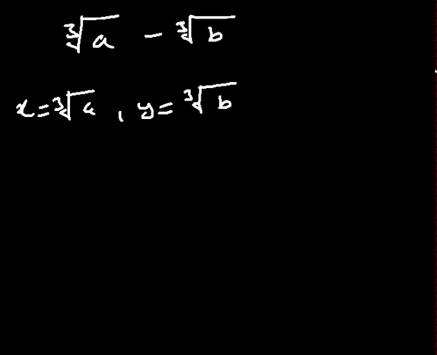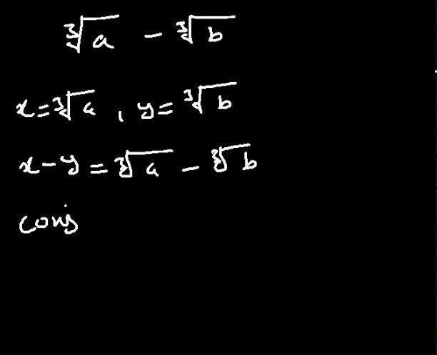And of which, keep in mind that x minus y is the same as having the cube root of a minus the cube root of b. It is the same as that.